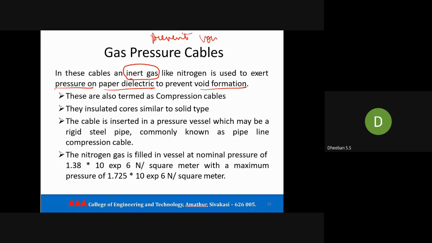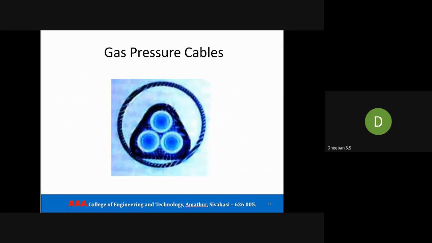Void means air bubbles, or air gaps. They are also termed compression cables. The insulated cores are similar to those of the solid type. Here they have given the amount of pressure applied. This is the structure of your gas pressure cable.